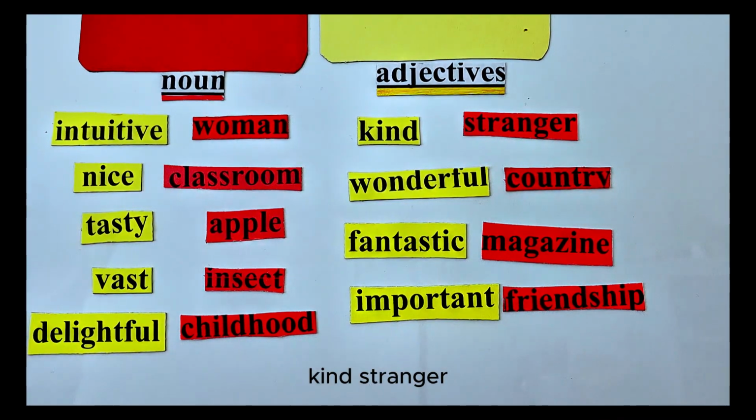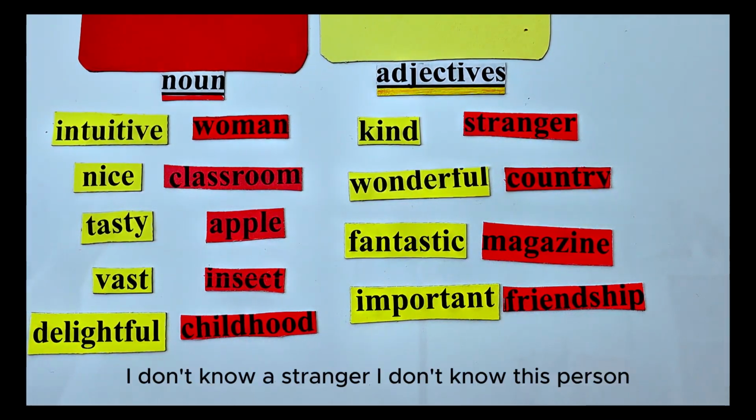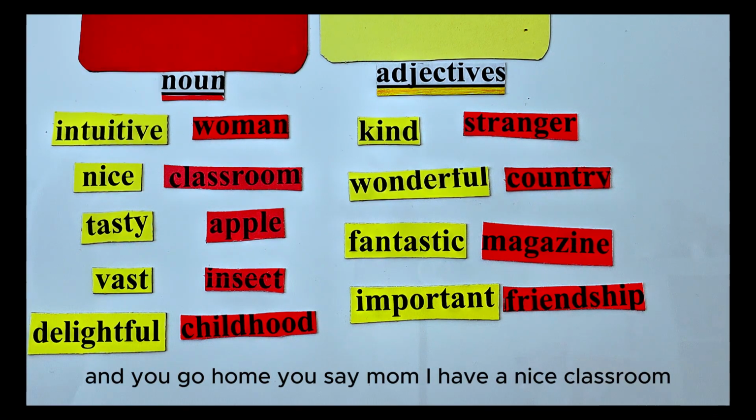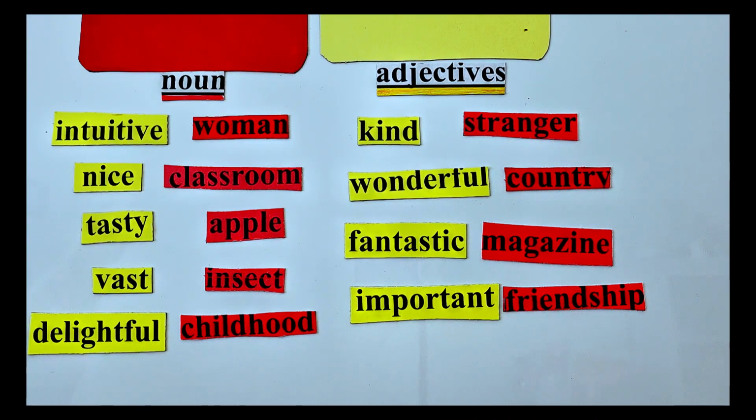Kind stranger. I don't know a stranger. I don't know this person, but my tire on my car was flat and a kind stranger fixed my car. A nice classroom. You walk into your classroom, there's windows, there's plants, and you go home, you say, "Mom, I have a nice classroom."